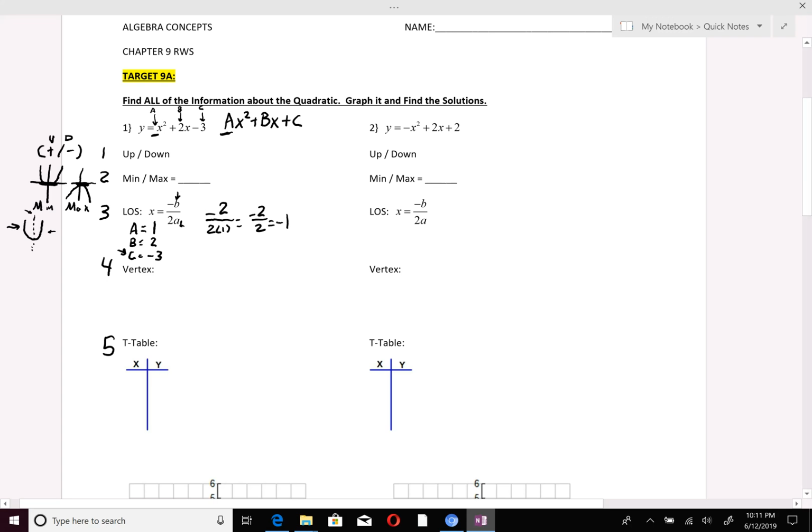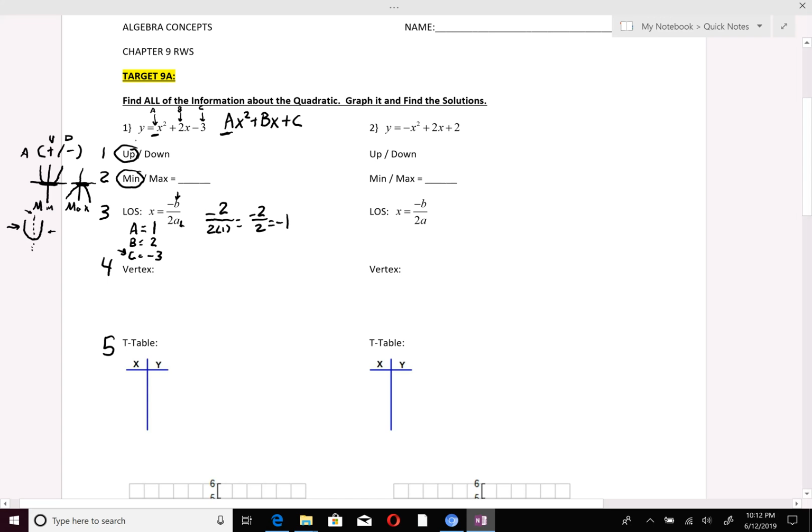So that's how you figure out your line of symmetry. And if we were to fill in the up and down, we know a little bit more about our A. If our A is positive or negative, in this case it's positive, it's opening up. And since it's opening upwards, like in this first example, it's a minimum.